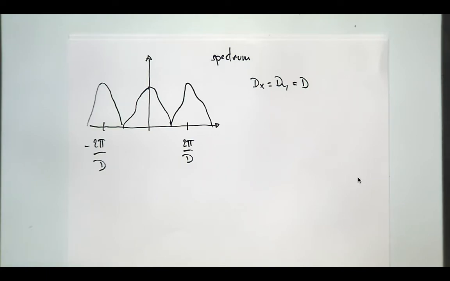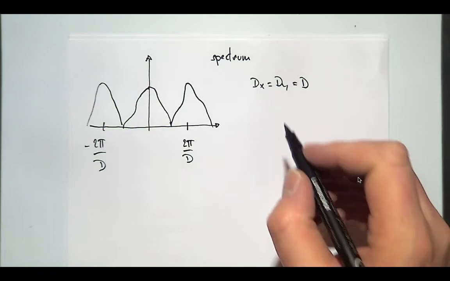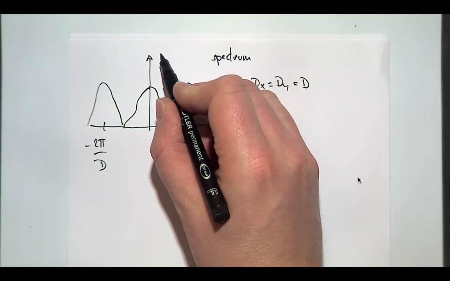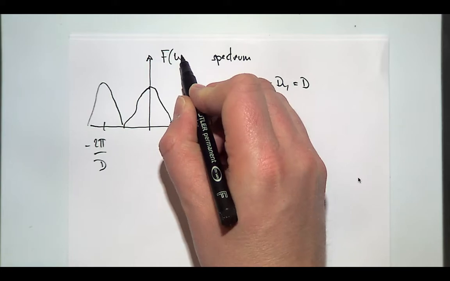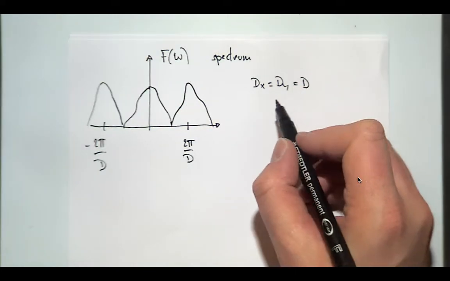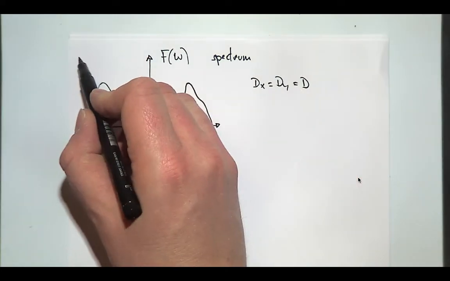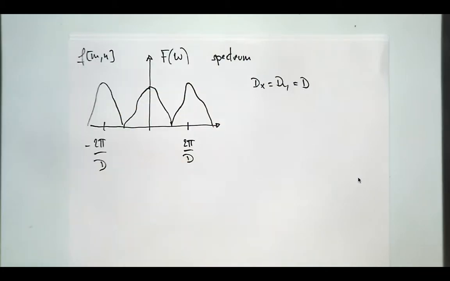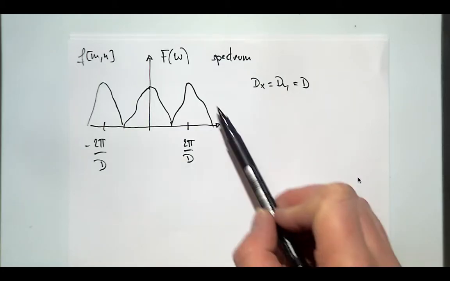That's your sampled image. When you look at the Fourier spectrum of that sampled image, this is what you get, and you get this replication because of the sampling of the continuous spectrum. So we're looking here at the Fourier transform of the sampled image, omega, and your f of mn. When you look at the Fourier transform, this is what you get.